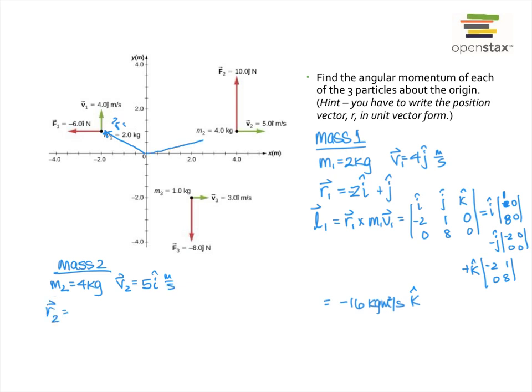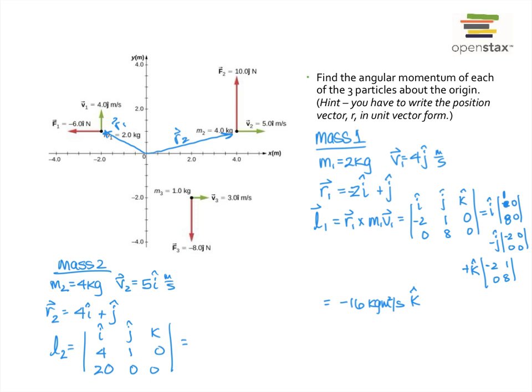R2 this time looks like this. It has an x component of 4 and a y component of 1. And 4 times 5 is 20, so I'll just write that 20 in the x direction.